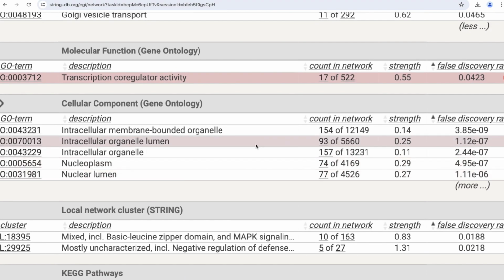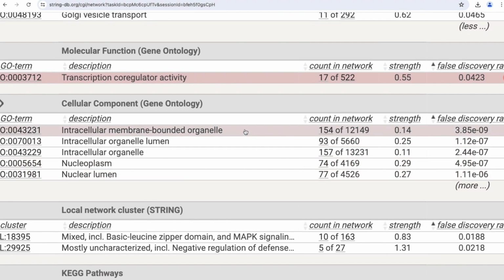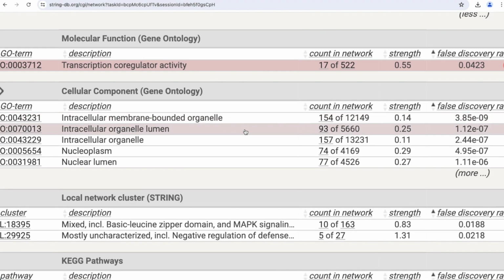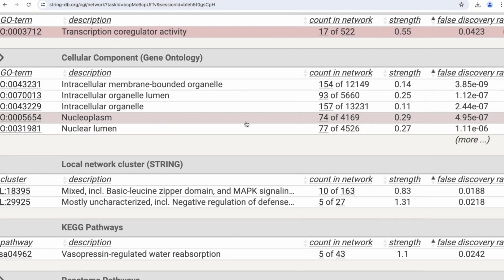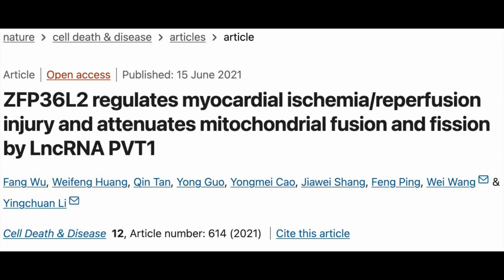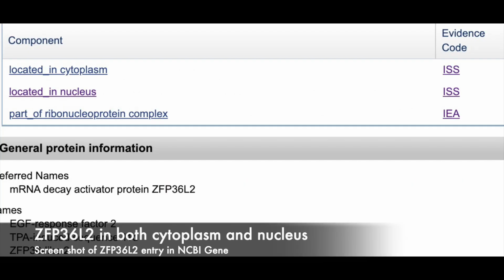And then where are these things at? These are bound somewhere in a membrane-bound organelle. Intracellular. So maybe these are in the mitochondria. That's what's making me think maybe mitochondria. I'm not sure. But they also have the nucleus. Maybe these are in the nucleus.